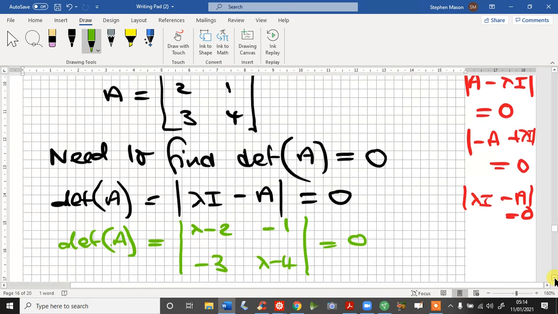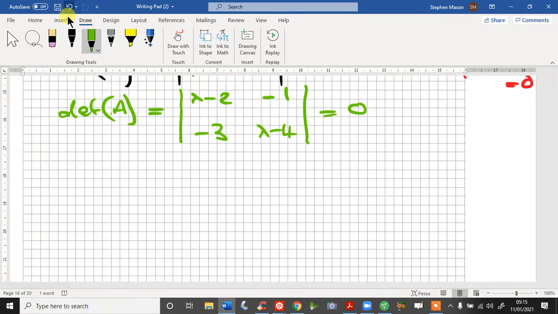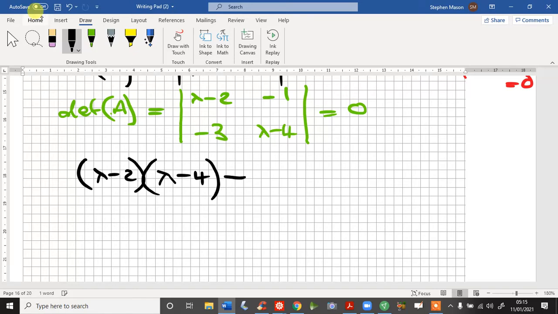Now then, how do we find the determinant from this setup? Well, we multiply lambda minus 2 by lambda minus 4, minus minus 1 times minus 3, and that is equal to 0.